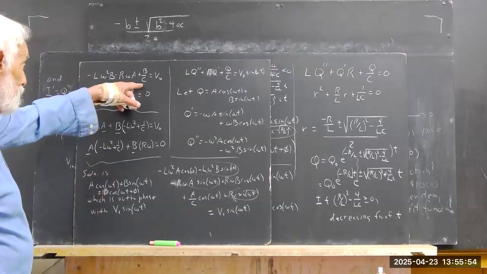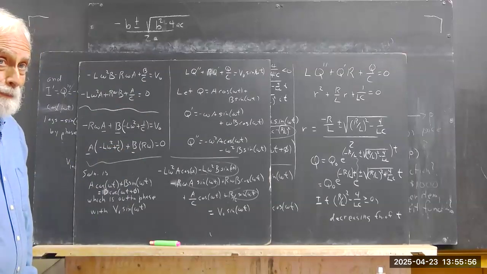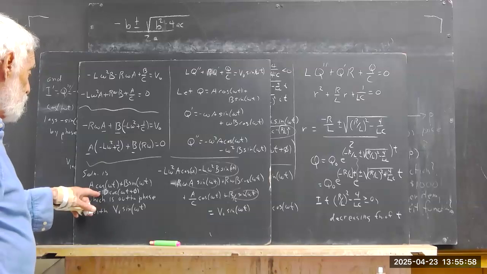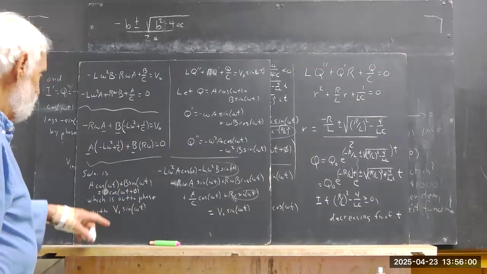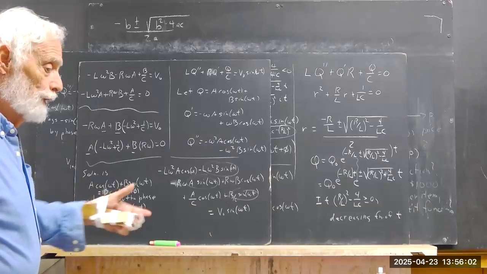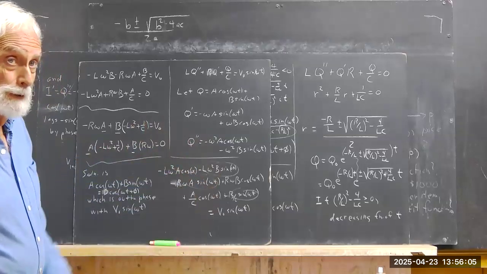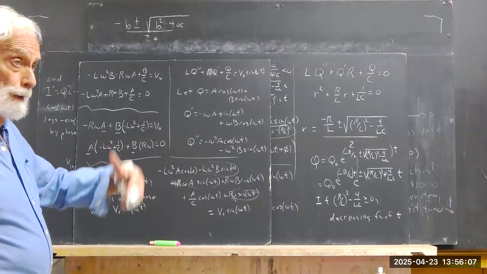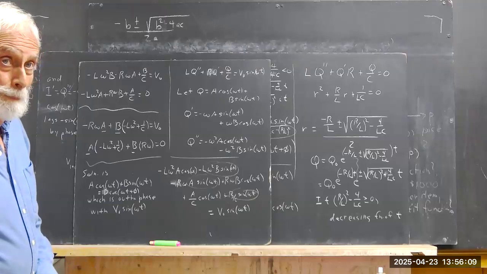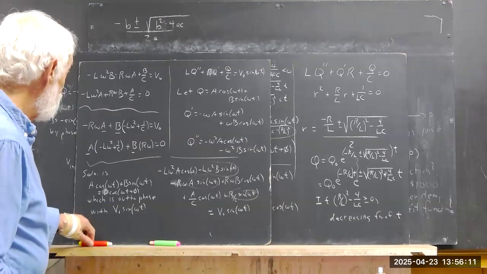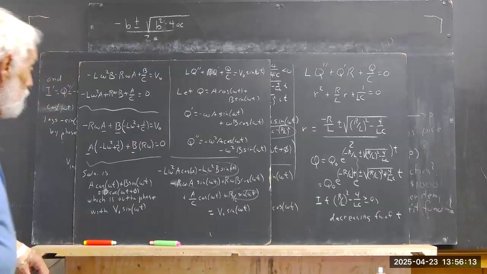We don't use C because it's your capacitance, right? So we use D. It's cosine of alpha plus beta. Okay, go back to your Euler identity, rederive it, whatever.